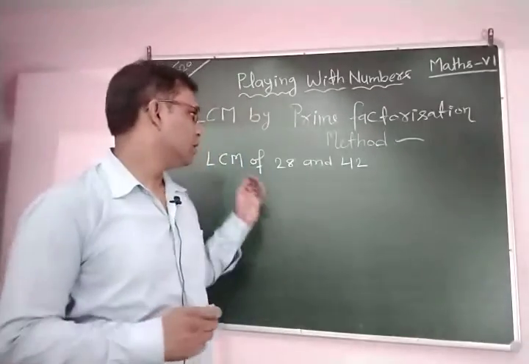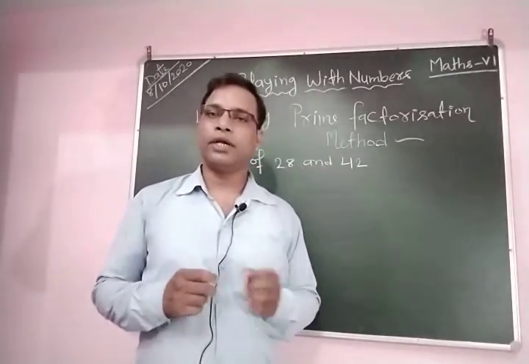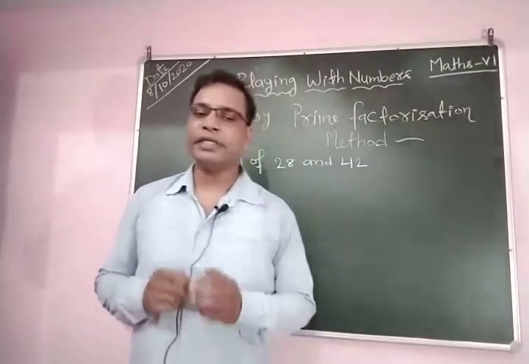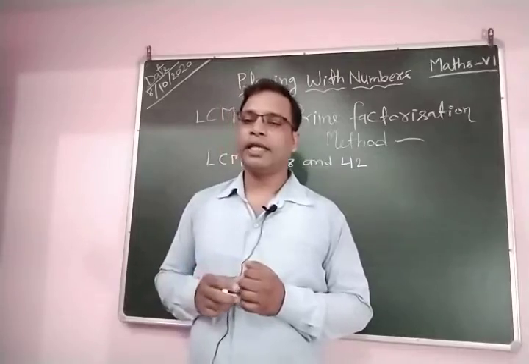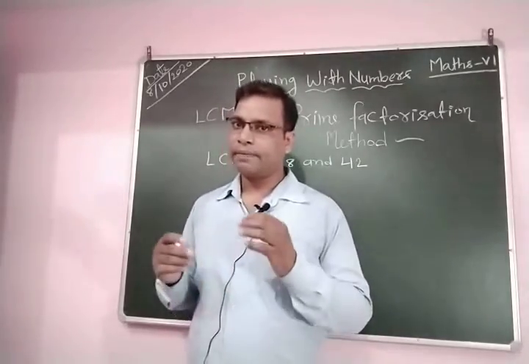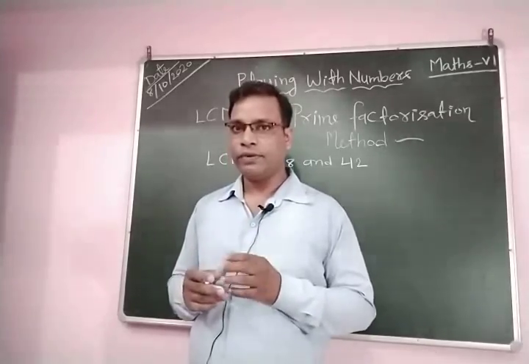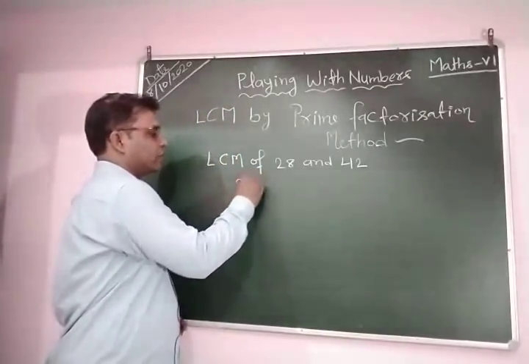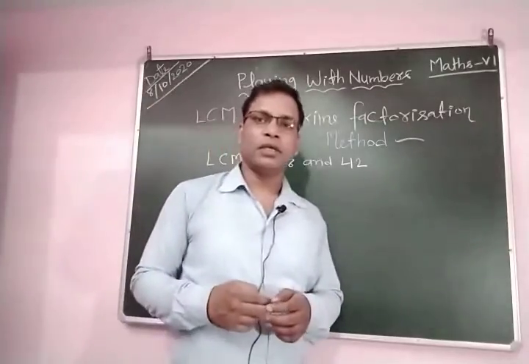Here we take two numbers, 28 and 42, and try to find their LCM by the prime factorization method. In this method, first we express the given numbers as a product of prime factors. How to find prime factors of any number, you know very well. 28 has a lot of factors.